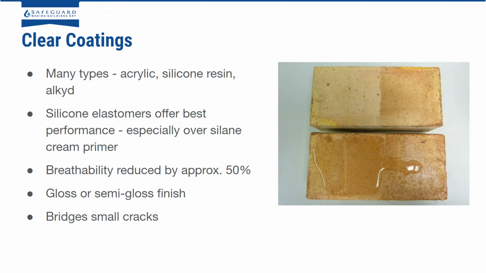The idea is that in situations where you have quite a lot of micro cracks which can't be rectified, and the homeowner is looking for a solution which only changes the appearance of the wall slightly, it might create a semi-gloss finish. These types of treatments can be used, like Storm Dry CB coat. The downside of using it is that it does have reduced breathability by about 50%, but it does bridge small cracks, so it can be used as a coating on the surface.